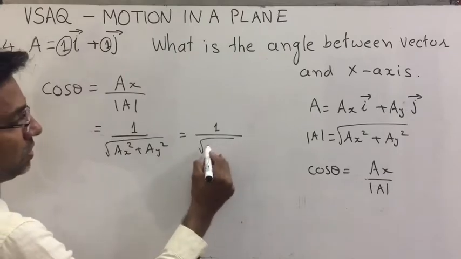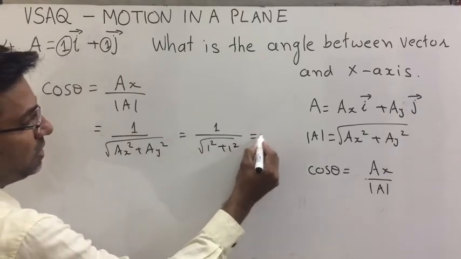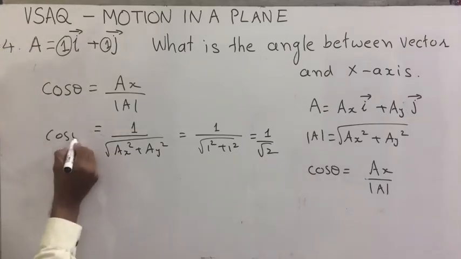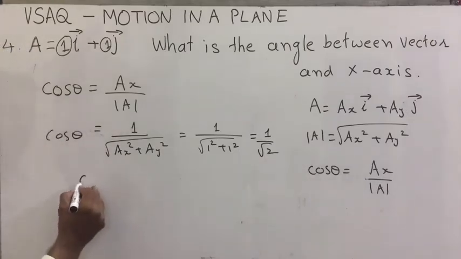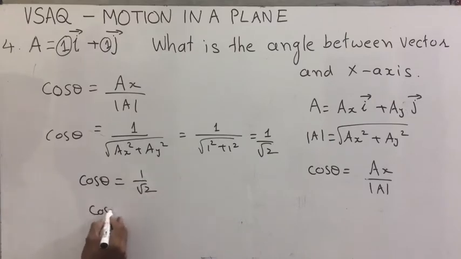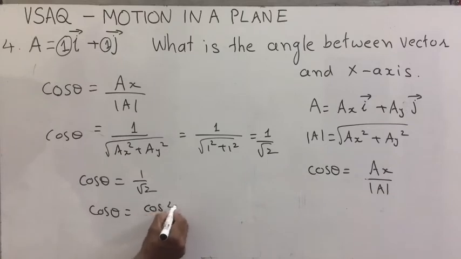So under root 1 square plus 1 square gives 1 by root 2. Therefore cos theta equals 1 by root 2, which in terms of cos is cos 45. So cos cancels, theta equals 45. The answer is 45 degrees.